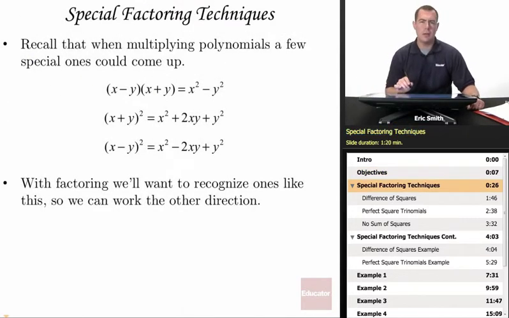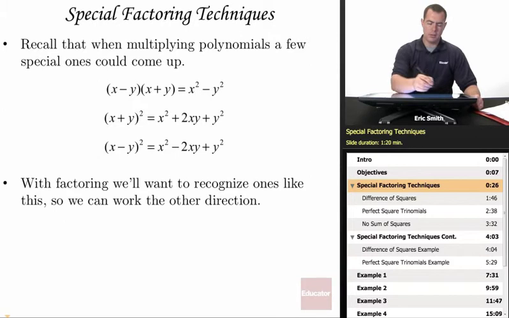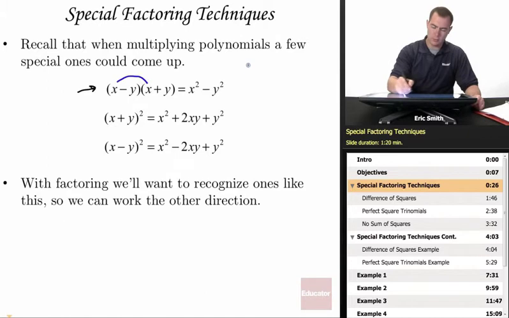Recall that when we were multiplying together a few different polynomials, some very special ones came up. For example, if you multiply these two together, x minus y and x plus y, the middle term ends up dropping out entirely. Our first terms would be x squared. Our outside terms would be xy.